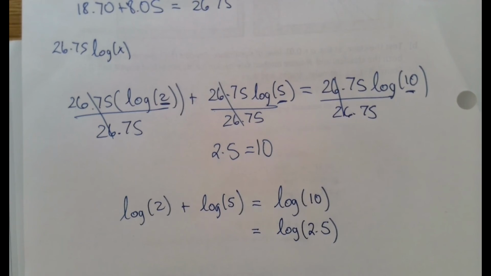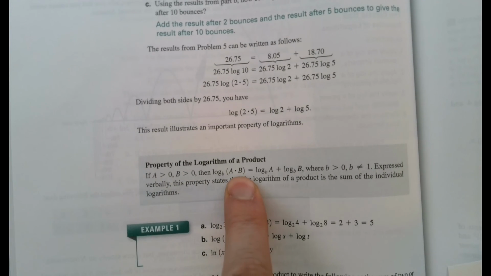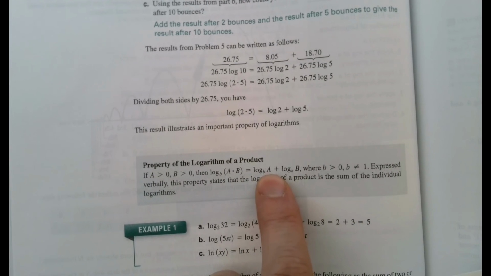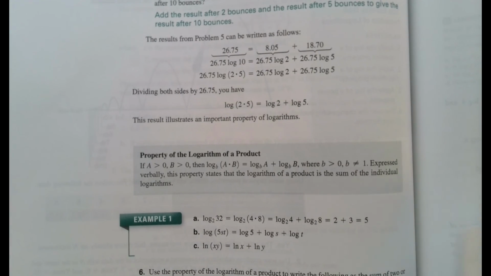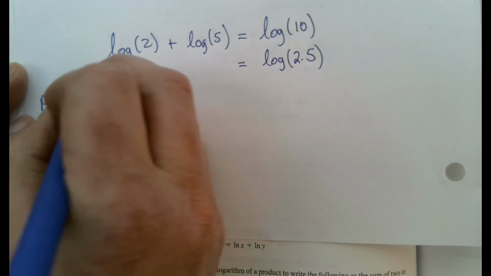So we're getting really close to a nice definition of a property of logarithms. In fact, here it comes right here. It says if we have two positive numbers, a and b, then log base b of the product is equal to log base b of the sum, individual sums of each, provided that our b values are the allowed values. So let me rewrite that. This is the product property of logarithms.